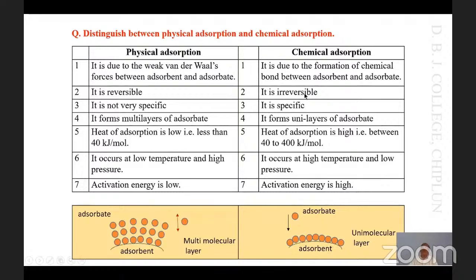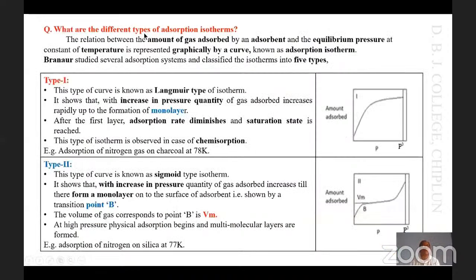So like this, we distinguish physical adsorption and chemical adsorption. Now then, the next article is types of adsorption isotherms. We already have discussed the meaning of this term, adsorption isotherm. Now let me repeat the same once again.